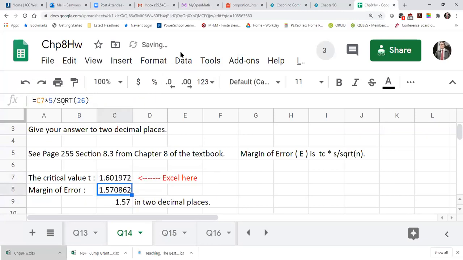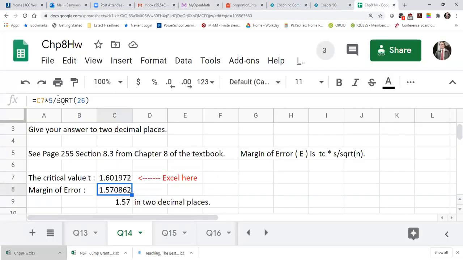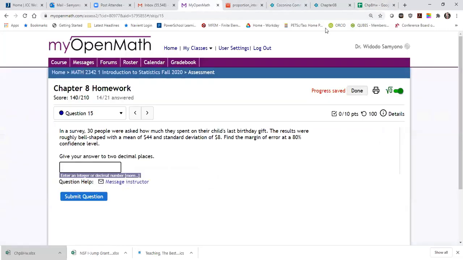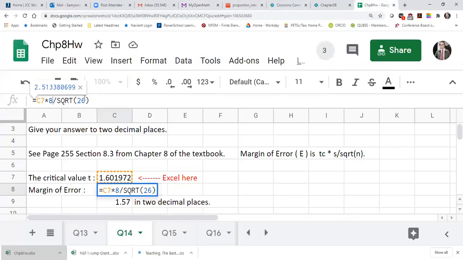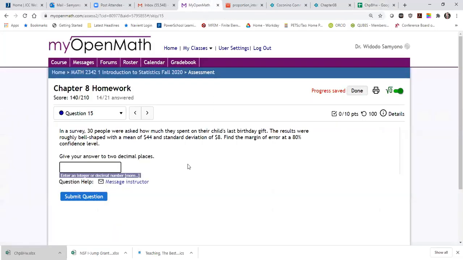Enter. And for the margin of error, the standard deviation you have is 8, so you need to put 8. And the sample size is 30, so you need to put 30. Now you need to put in 2 decimal places, so your answer will be 2.34.